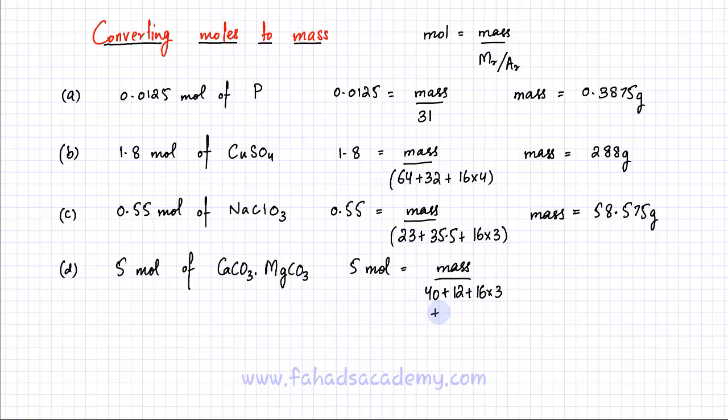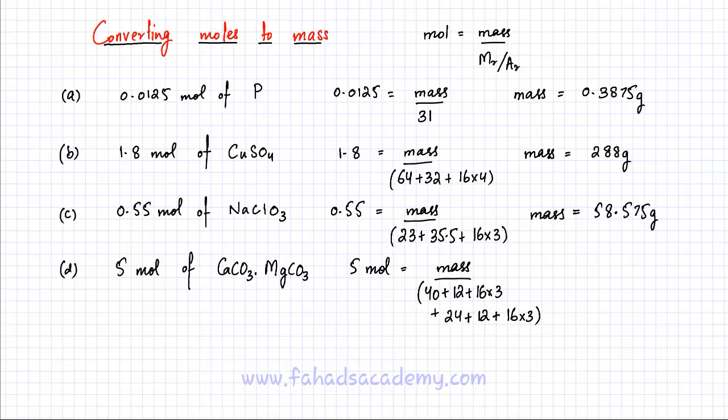So magnesium is 24, and then there's 1 carbon, so that would be 12, and then I'm going to add 16 multiplied by 3. So that's going to be my MR in this case. So I'm going to take out a calculator to do this specific calculation.